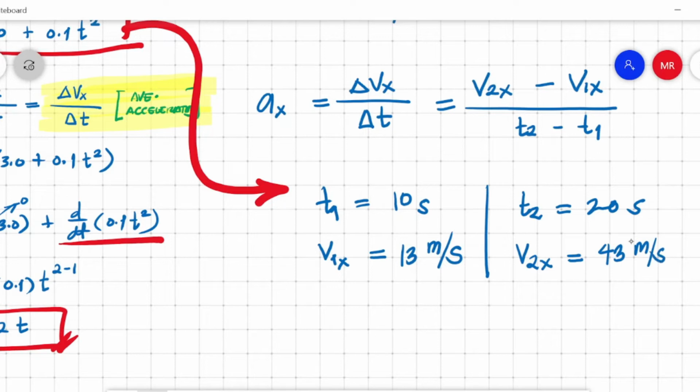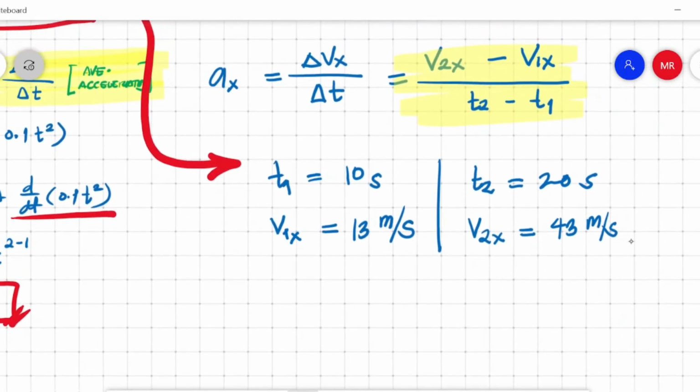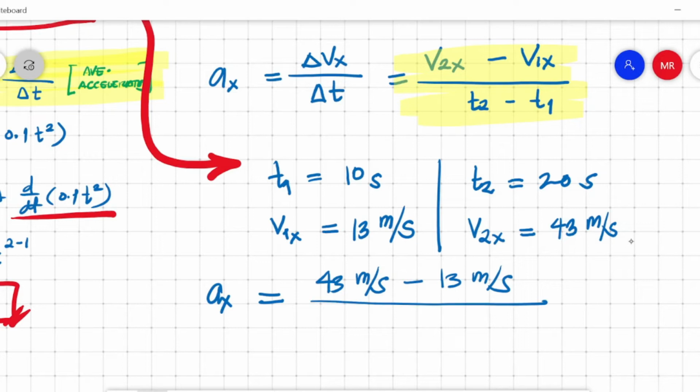Now going back to our average acceleration equation, v2x minus v1x over t2 minus t1 is equal to average acceleration. So we now have the given. The average acceleration ax is equal to v2x, 43 meters per second, minus 13 meters per second, all over time 2, 20 seconds, minus 10 seconds.